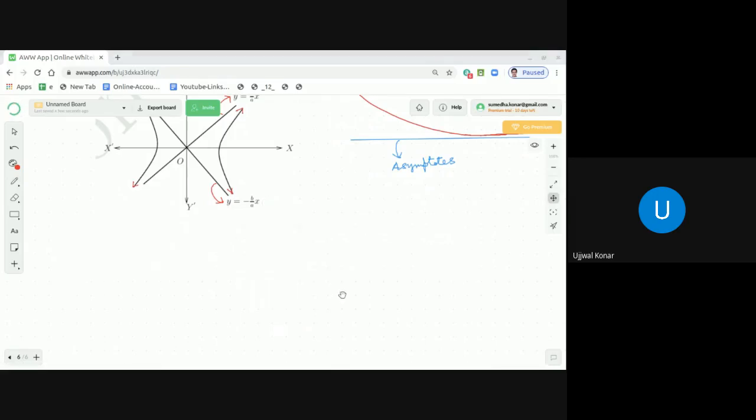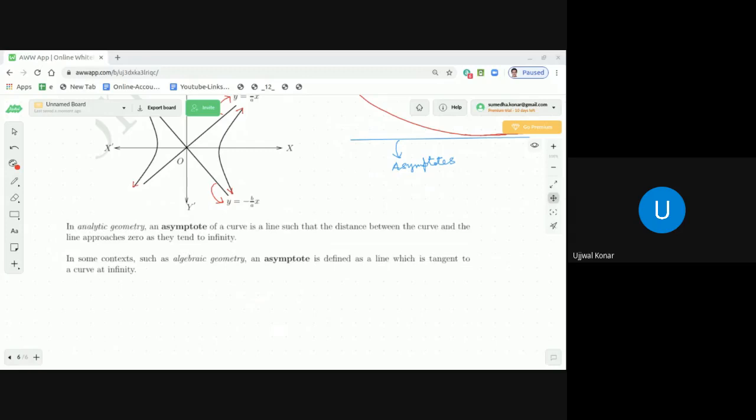In analytical geometry, an asymptote of a curve is a line such that the distance between the curve and the line approaches zero as they tend to infinity. Exactly, that is what I showed you by means of that blue straight line and the red curve. And this is the analytical geometry concept.